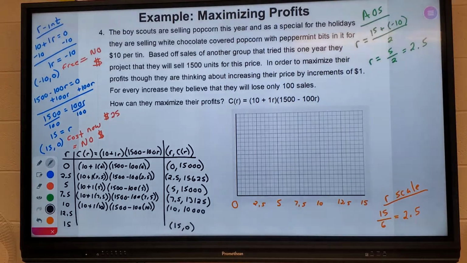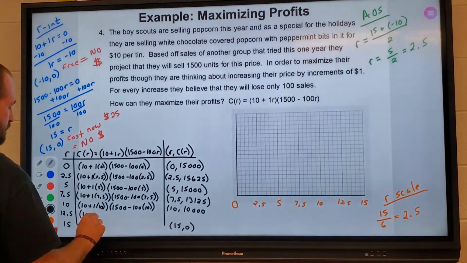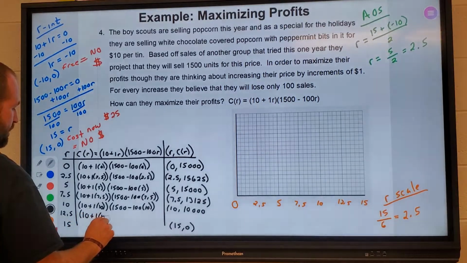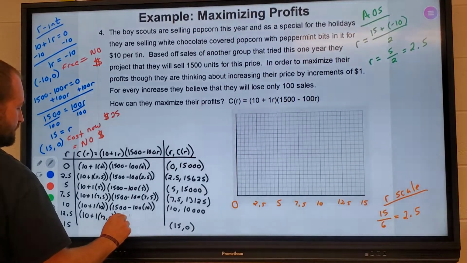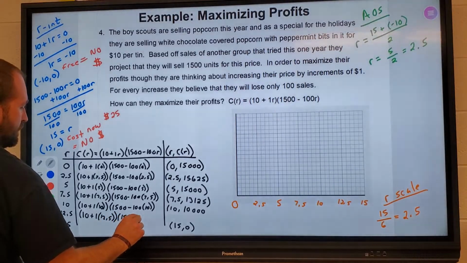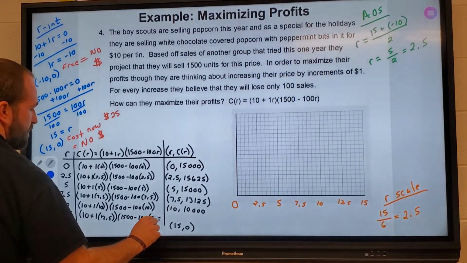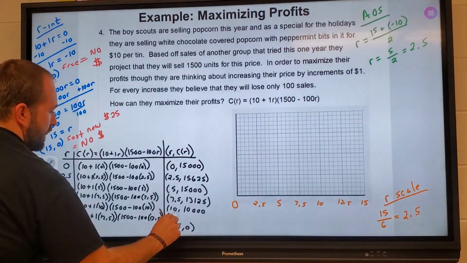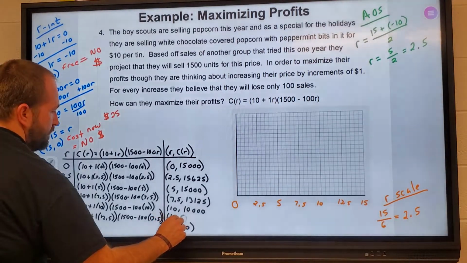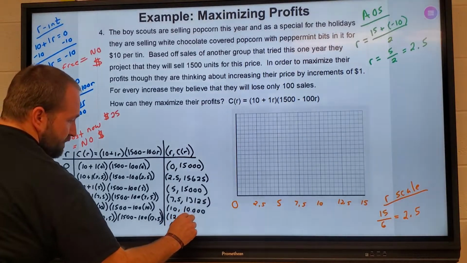Working the 12.5 now, so we have 10 plus 1 times 12.5 times the 1,500 minus 100 times 12.5, and you get 12.5, comma, 5,625.